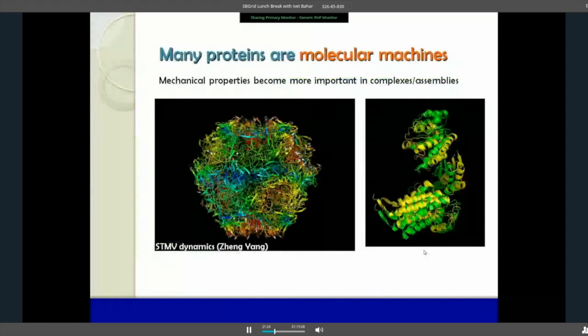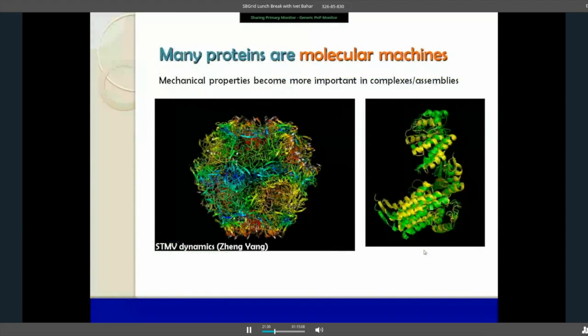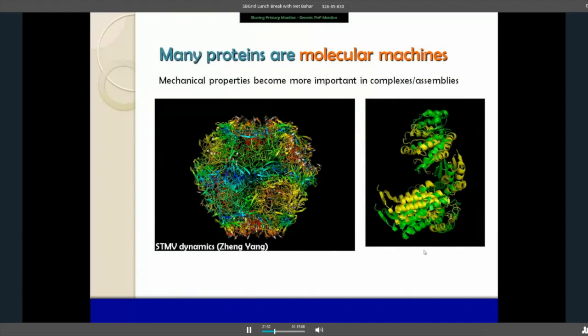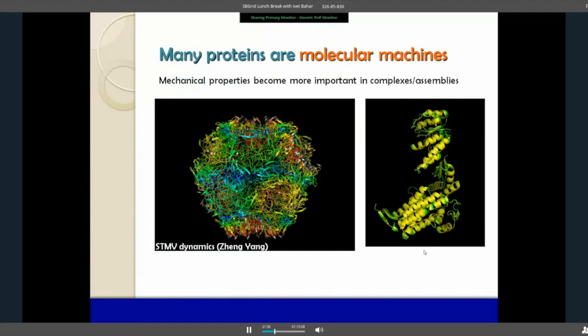And here are a few examples just to give you a flavor. On the left, satellite tobacco mosaic virus, the structure of which, including the viral capsid and the genetic material, has been resolved.